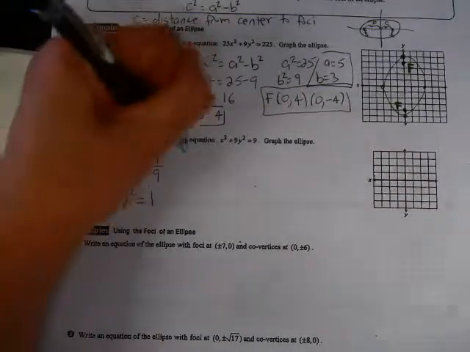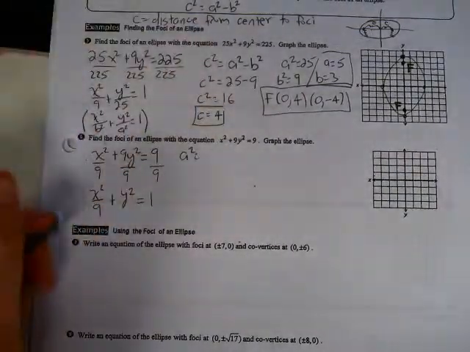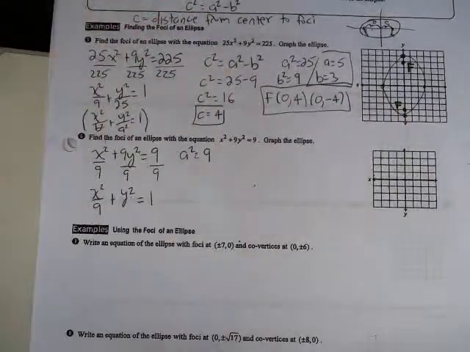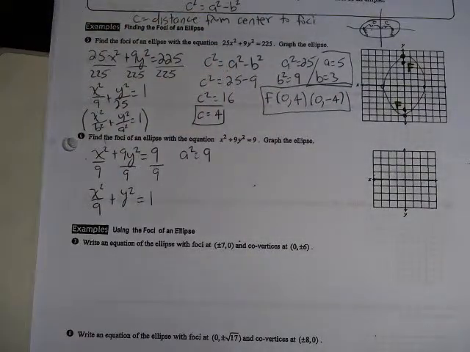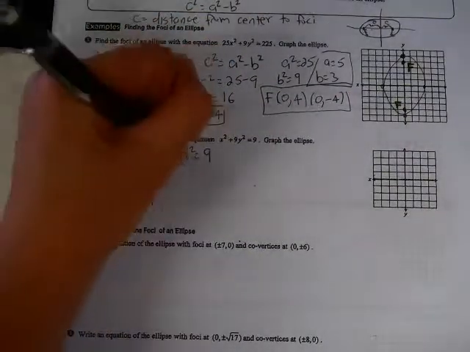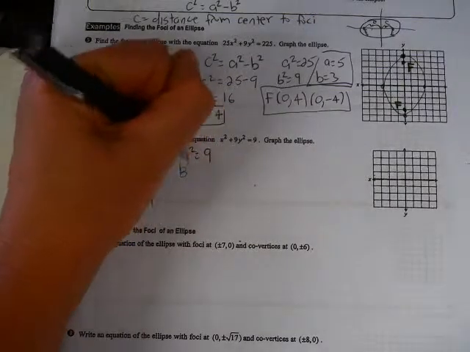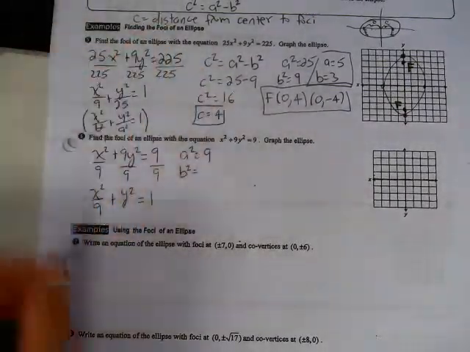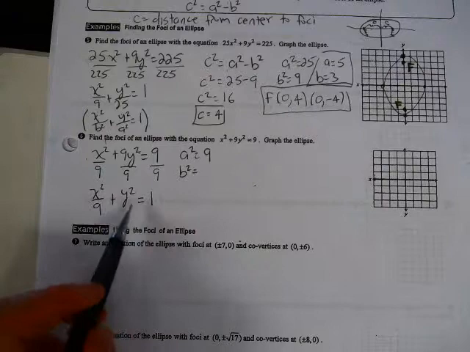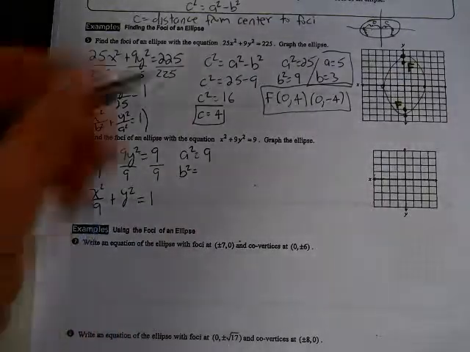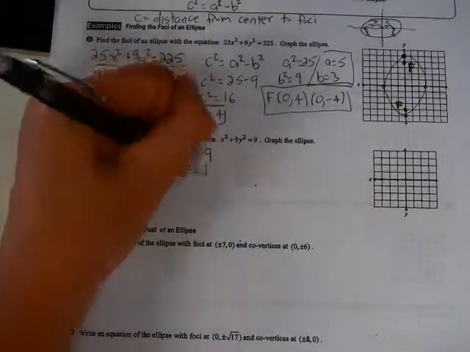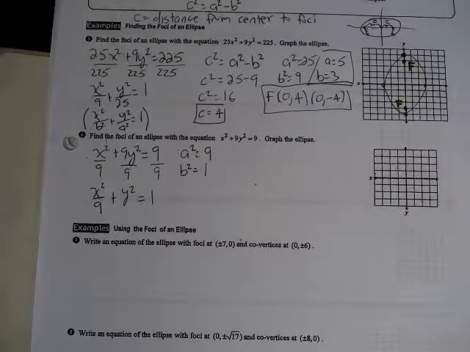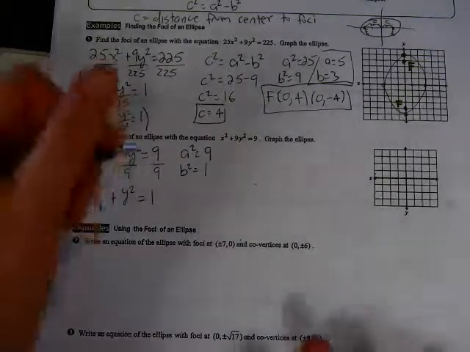So a squared equals 9, and b squared equals 1, because this is y squared over 1. So now I can find c by using my formula.